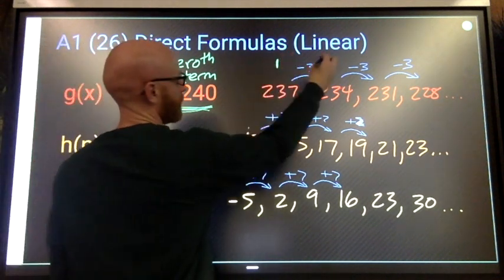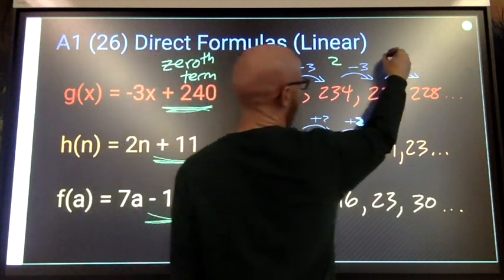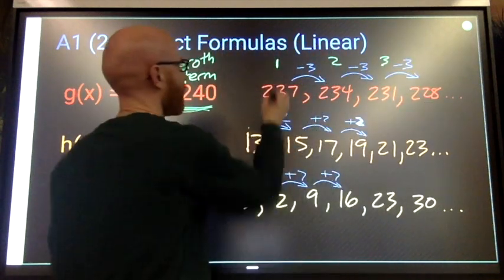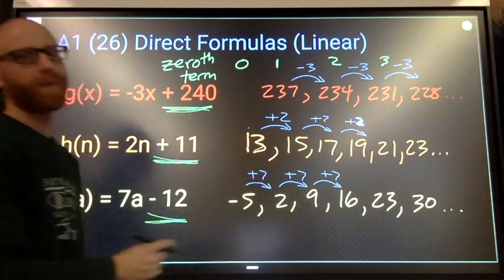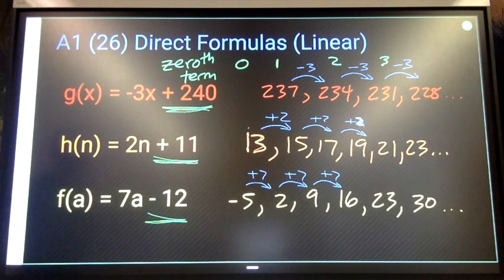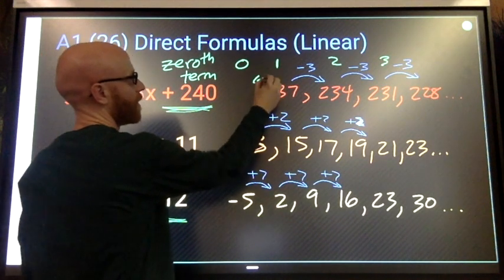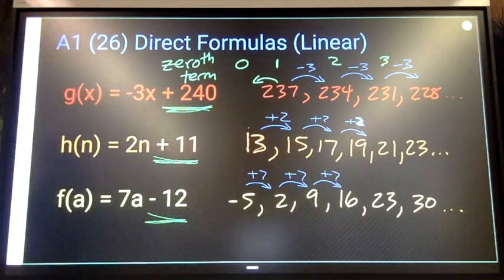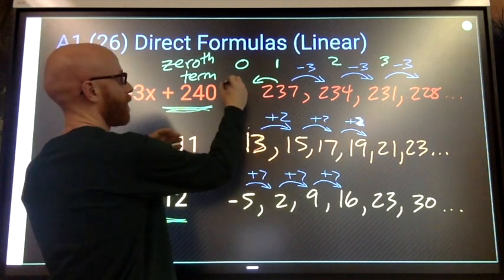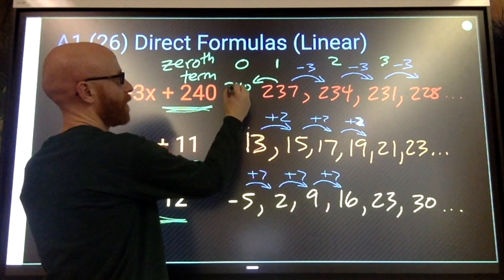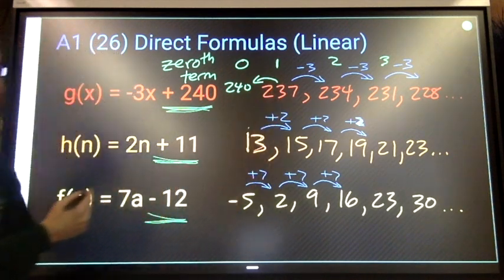This is our first term, second term, third term, and so on. The 0th term would be the term that comes before my first term. So if I was to go backwards one more space, I would be going up 3. 240 minus 3 is 237.